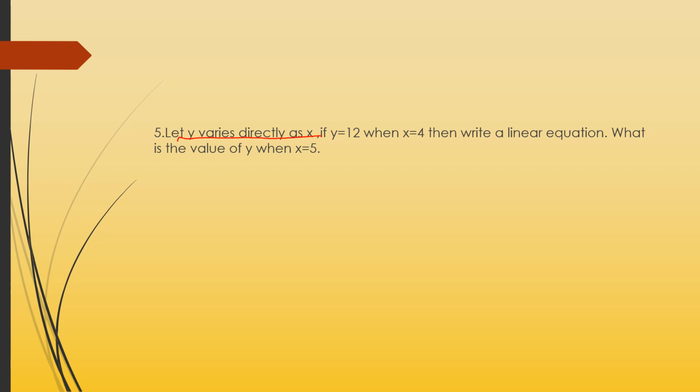If a quantity increases with respect to another quantity, or decreases with respect to another quantity, that type of relation is known as direct variation. For example, the number of pens and their cost. If you increase the number of pens, the amount will also increase.